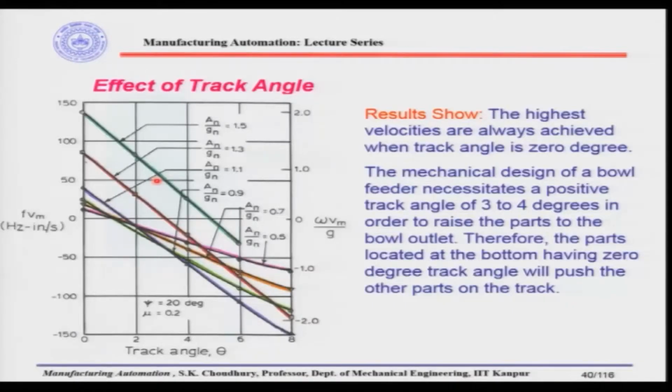We also discussed the effect of track angle, and we said there is a very strange phenomenon: when the track angle is 0, F into Vm, which is the conveying velocity, is maximum. Therefore, the parts located at the bottom of the ball feeder will push the parts located above, where the track angle is more than 0.